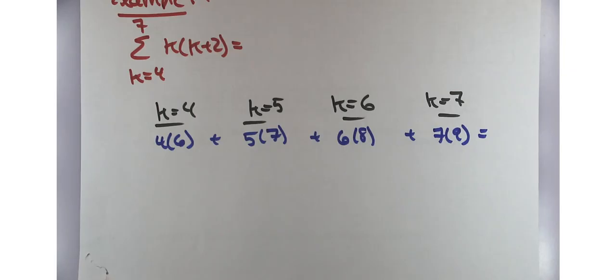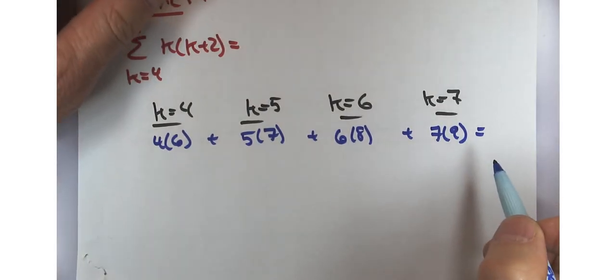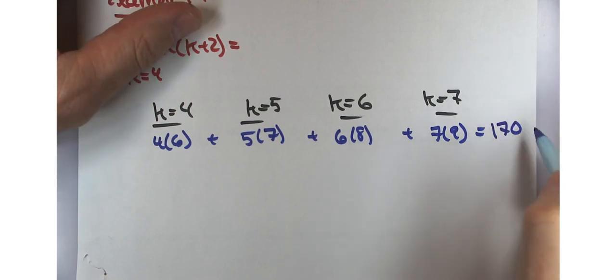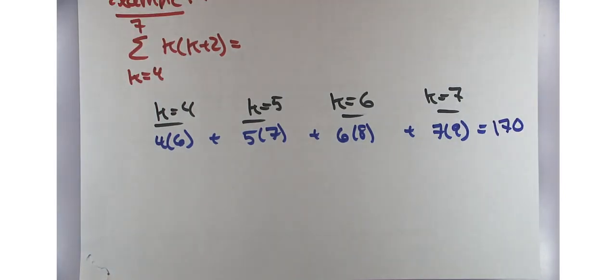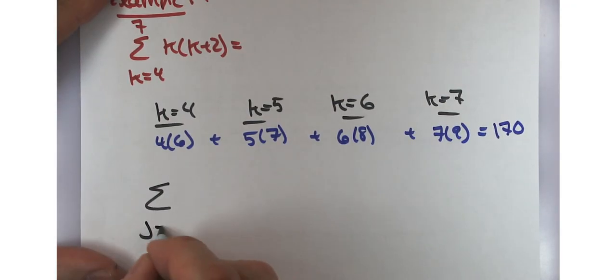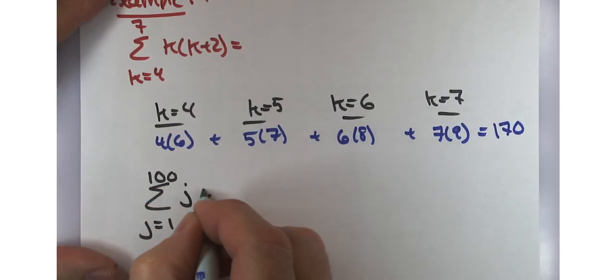Did someone total this up? Because I haven't done it yet. It's 170? Awesome. Thank you. What would you be asked to be doing if I gave you this sum to figure out? What would that sum be?